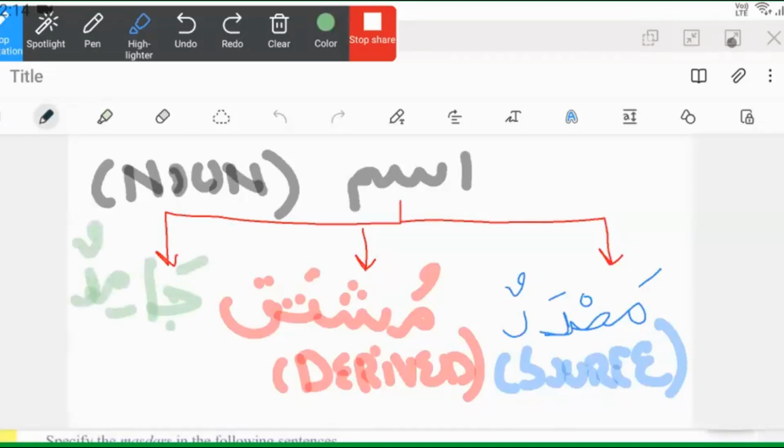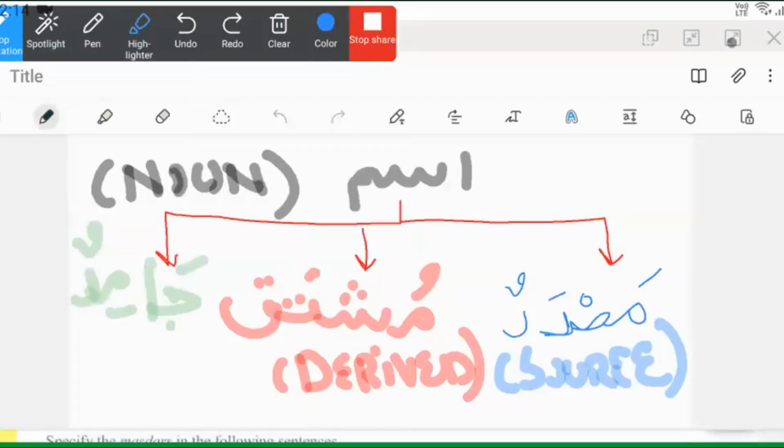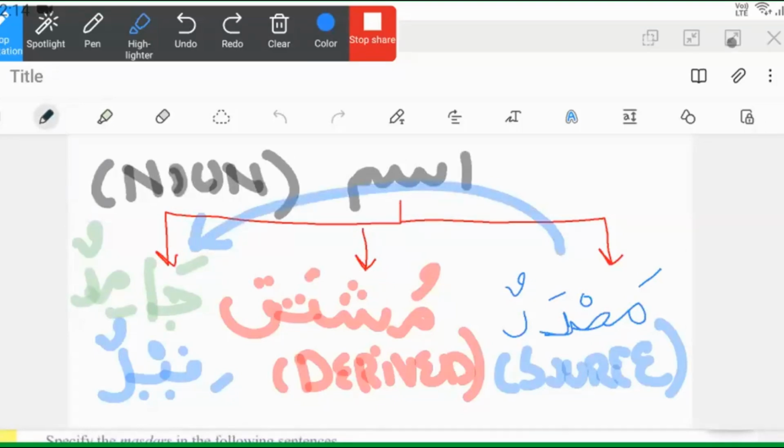Jamidun. Jamid is something that is not derived from anything. It is itself a noun. For example, if we say filun, it means elephant. So it's not coming from a masdar, but it's itself a word, filun, and nothing can be taken out from the elephant.